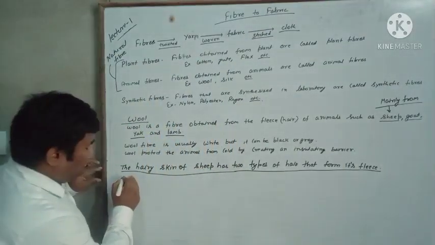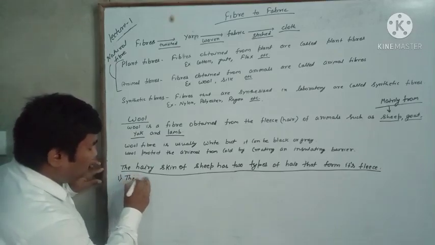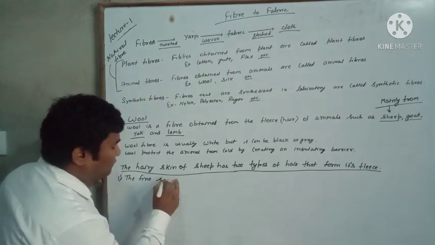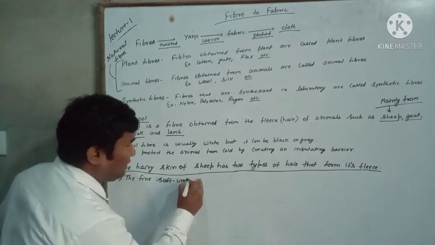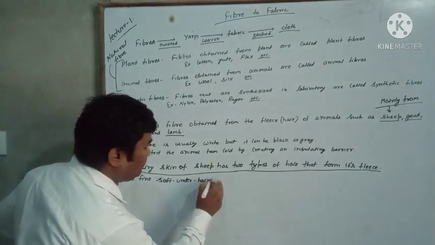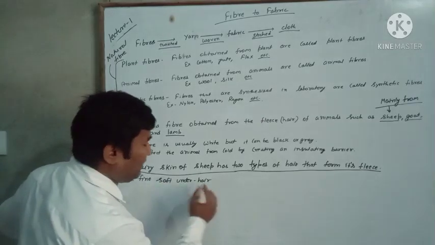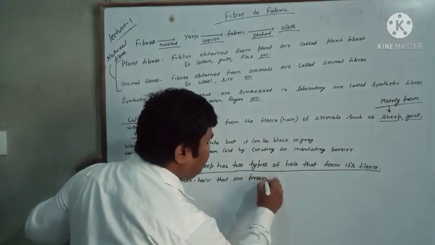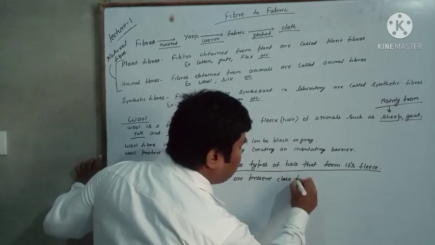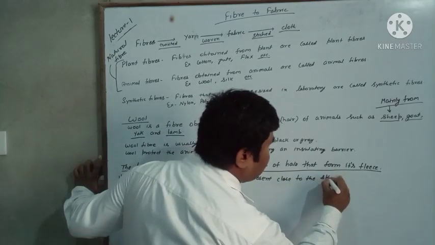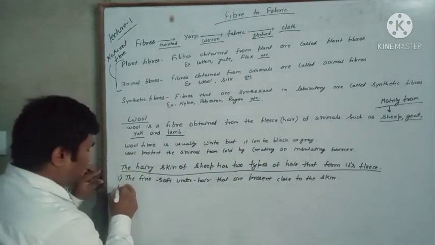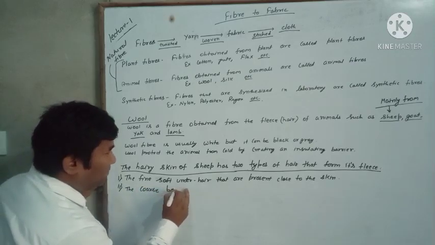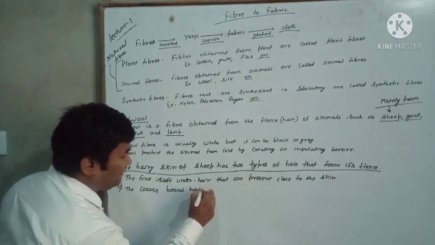One is the fine soft under hair that is present close to the skin, and second is the coarse beard hair.